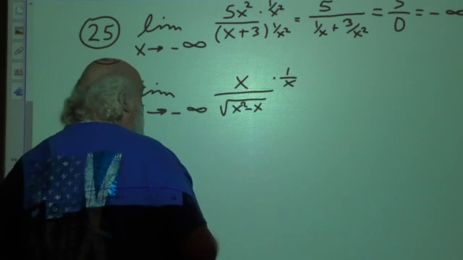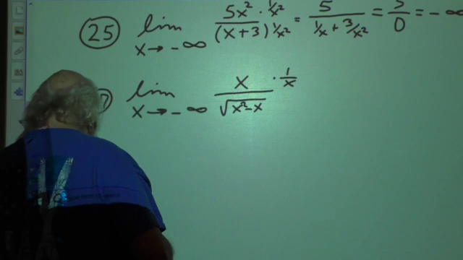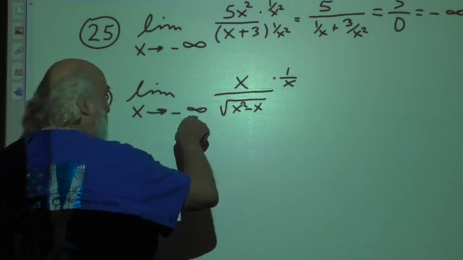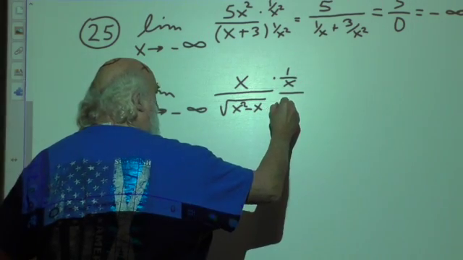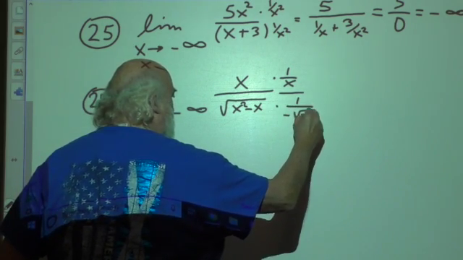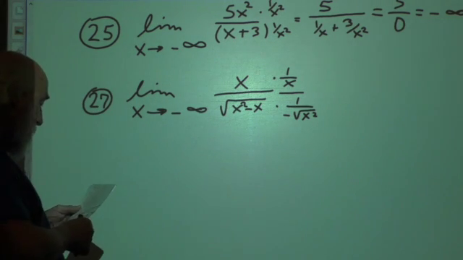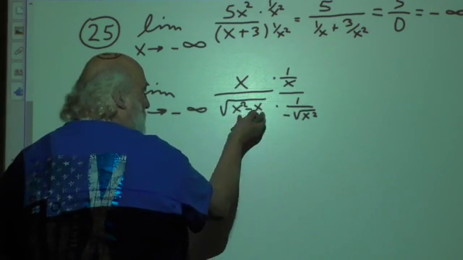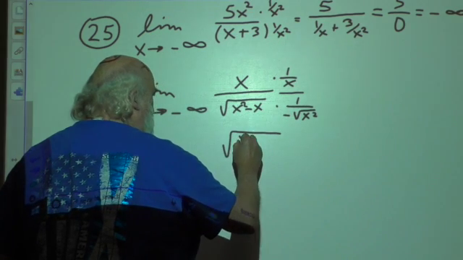So what I'm going to do is, because this is going to negative infinity, I'm going to multiply by 1 over a negative square root of x squared, because we're going in the negative direction. Okay? So that means this is going to be inside this radical now. This is going to create this scenario here.